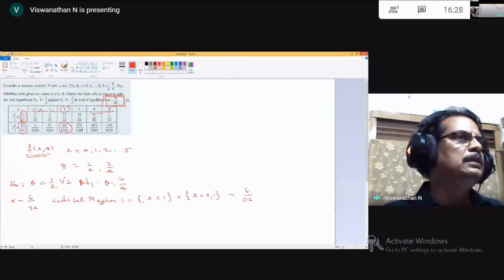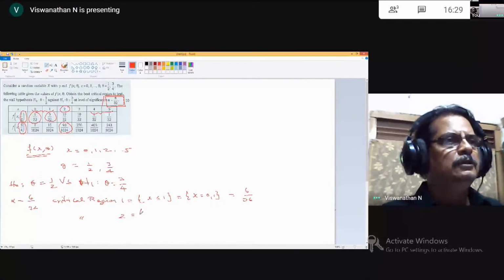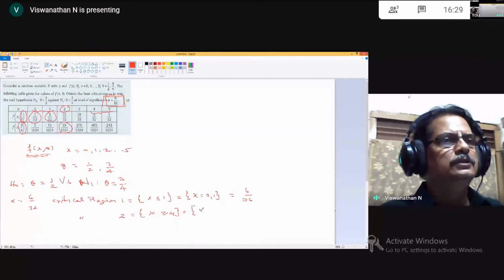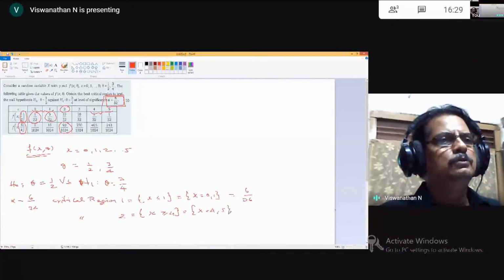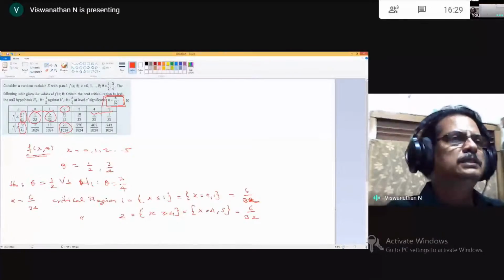And there is another critical region for the same thing: X should be greater than or equal to 4. That means X is equal to 4 or X is equal to 5. In this case also we have 6 by 32. Now both the regions have the same size.